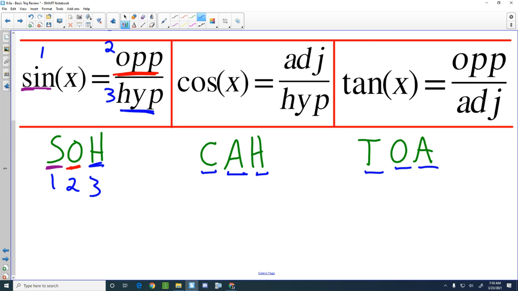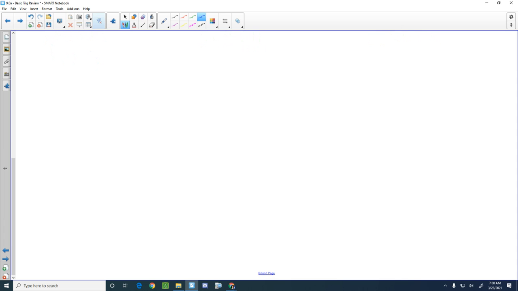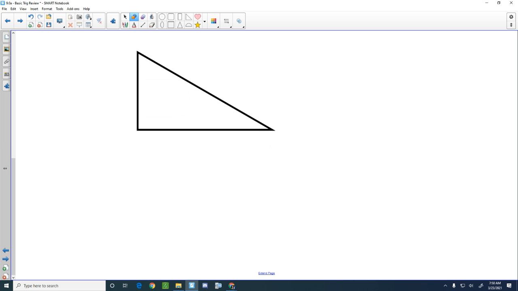Now, the reason these ratios exist, like where they came from, because I'm sure you're all quite interested. Let me draw a triangle for you real quick. I know, I'm getting pretty good at these. So I've got a right triangle here.